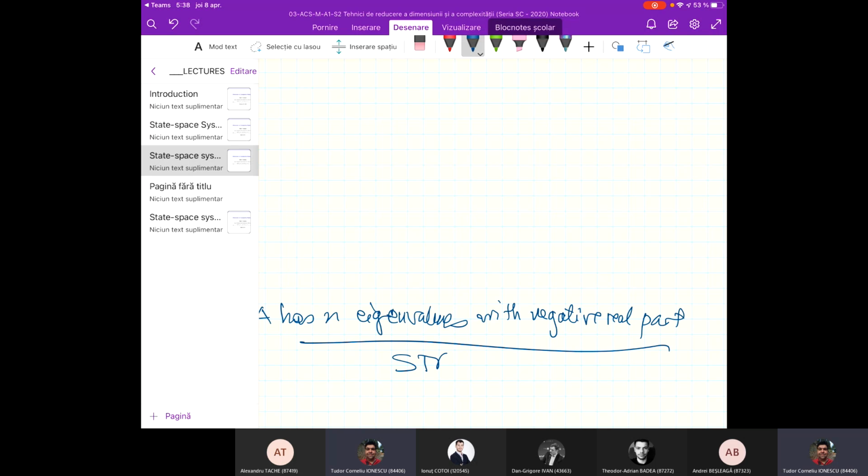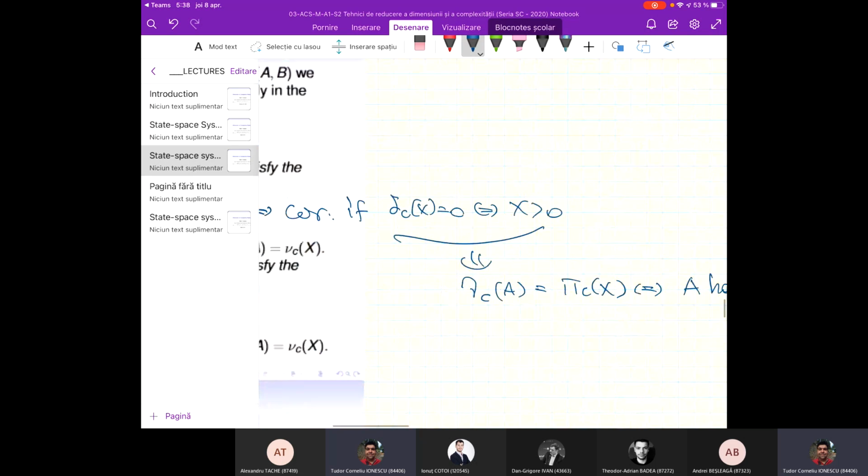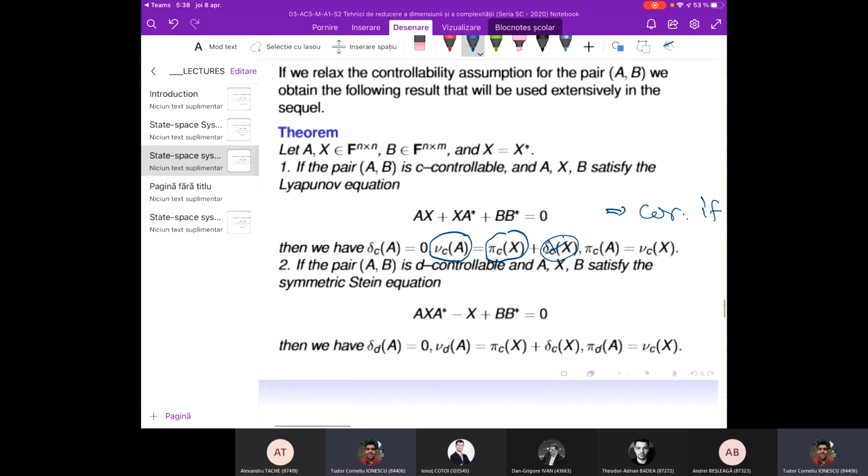This means stable. So this is just confirming the stability result we know from previous chapters. It's quite interesting, huh?